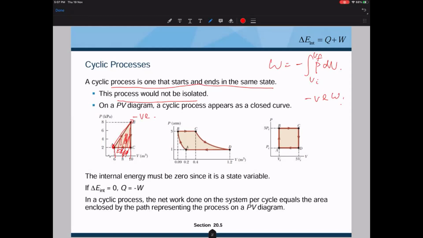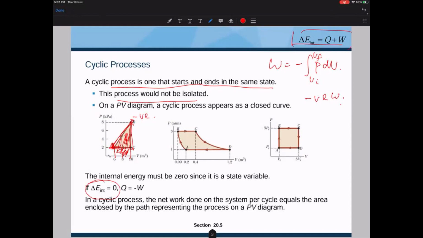But think about it. According to what we have just learned, delta E is equal to Q plus W. When you move from A to B and then to C back to A, you are coming back to the initial state. Because you start from A and then you end up at A, delta E has to be 0.